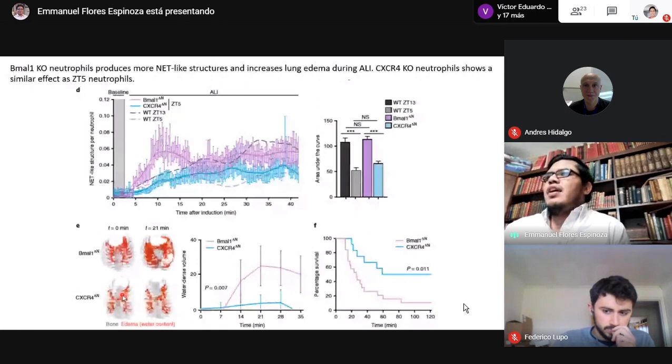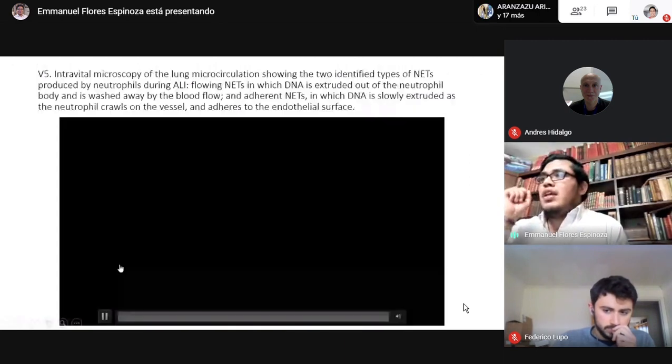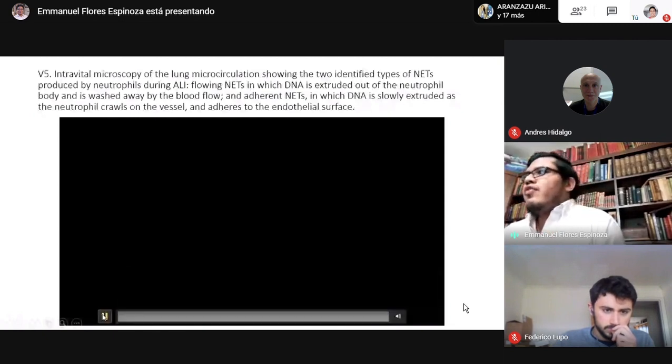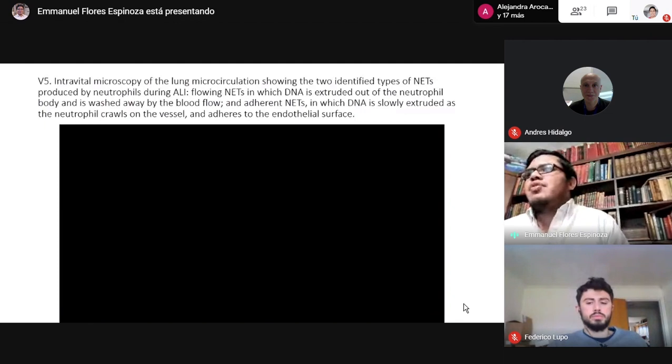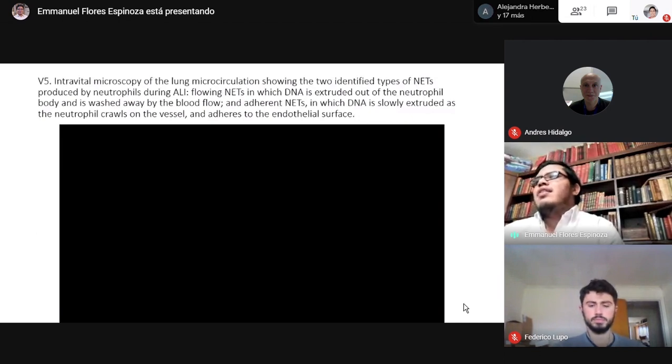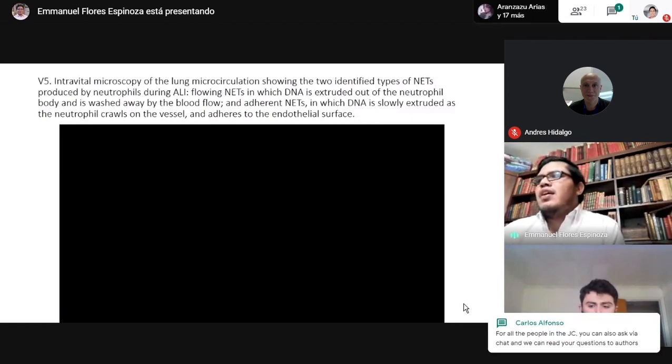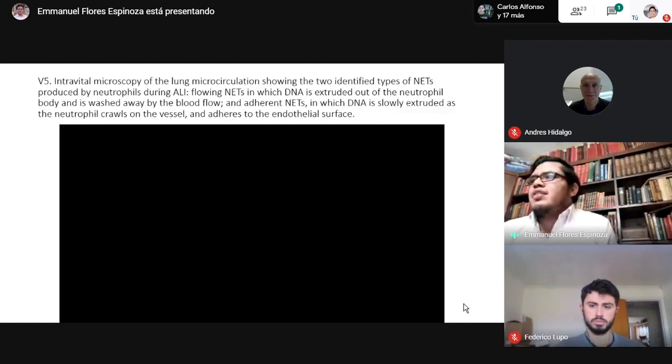And we can see here the intravital process. They show key intravital microscopy of the lungs during ALI, and I put this video to show you that they view different NET formation, different types of net structures.